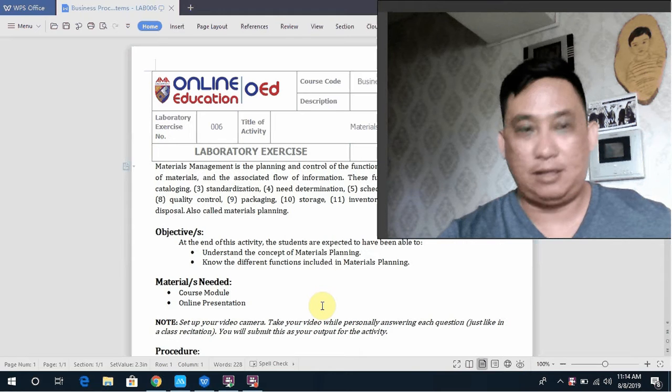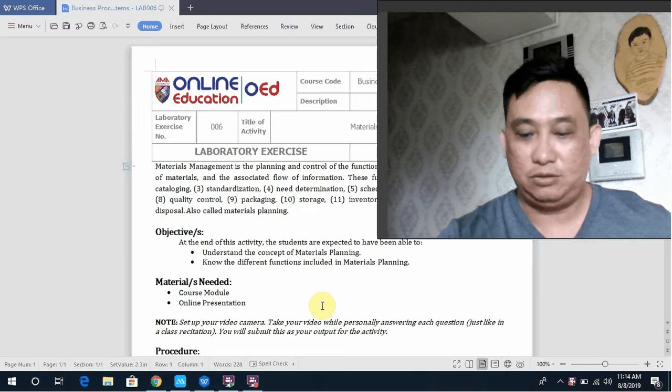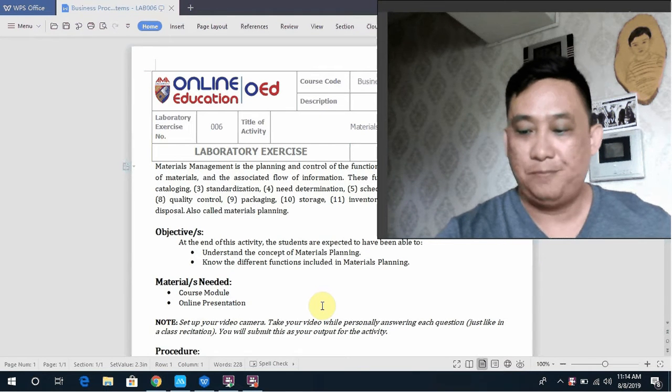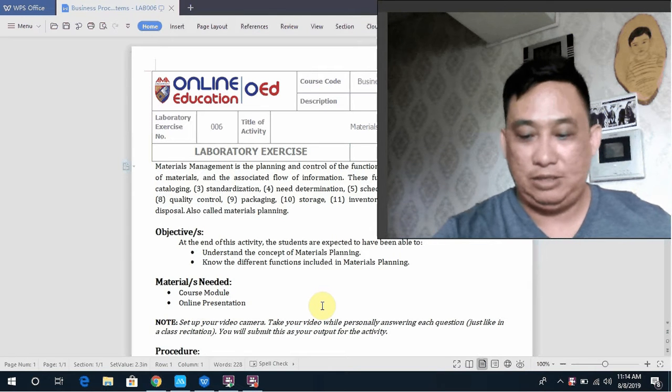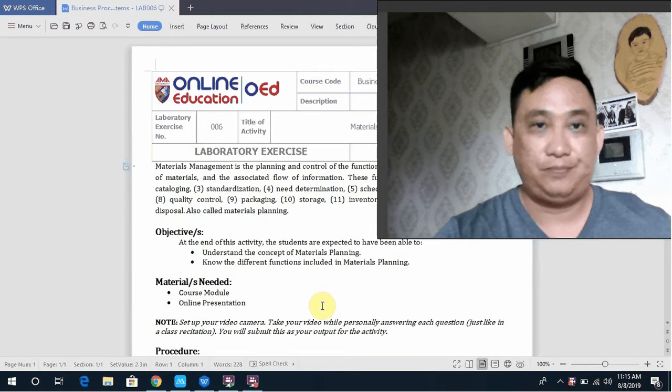Material management is the planning and control of the function supporting the complete cycle flow of materials and the associated flow of information.